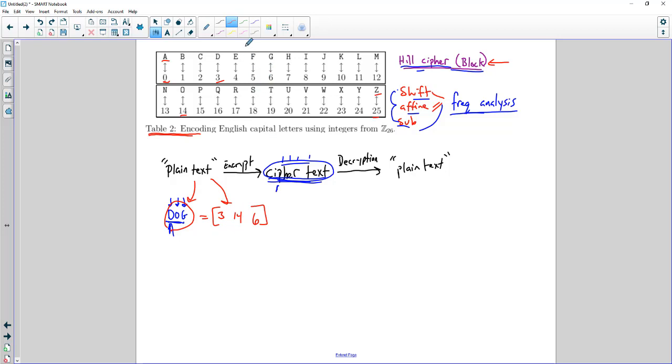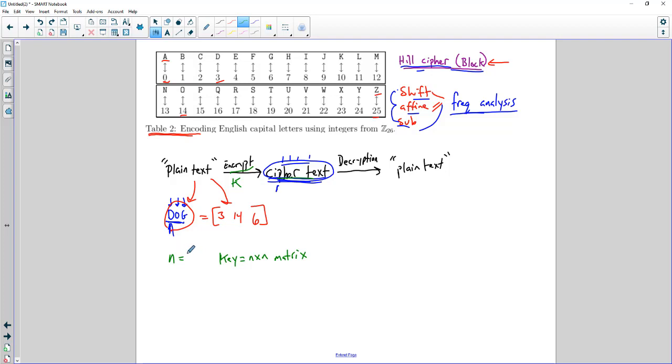Okay, and what I'm going to do is think of a number that's bigger than 1 called n. Whatever n is, the key that I'm going to use to encrypt it, which I'll call K, to make the ciphertext, is going to be an n by n matrix for the Hill cipher.